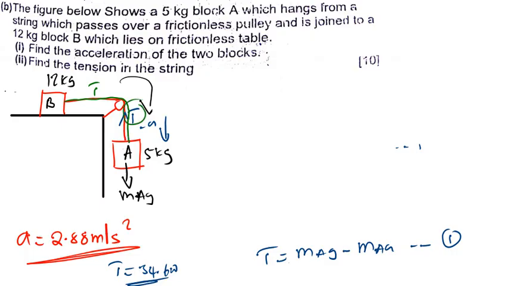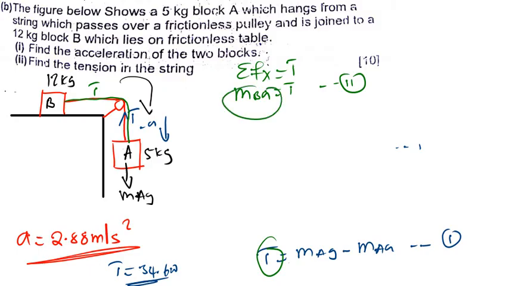This tension force and that one, they are the same. So the summation of forces in x direction, we only have the tension force. Replace this by mass times acceleration, like that. So you call this equation 2. So you equate the tension equal to each other. So this will be replaced by that.